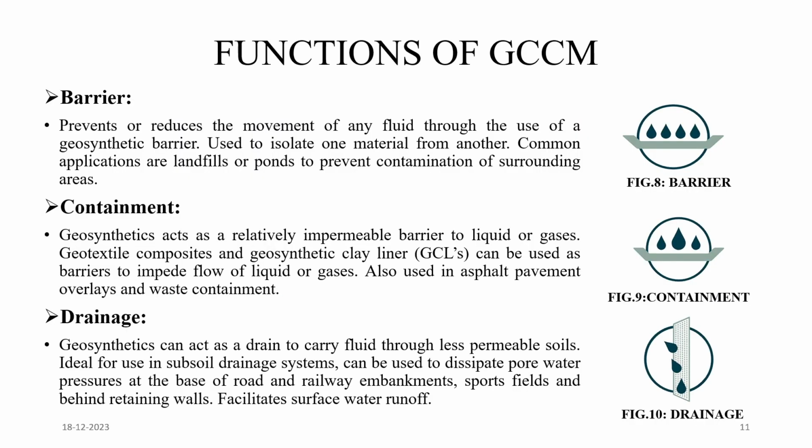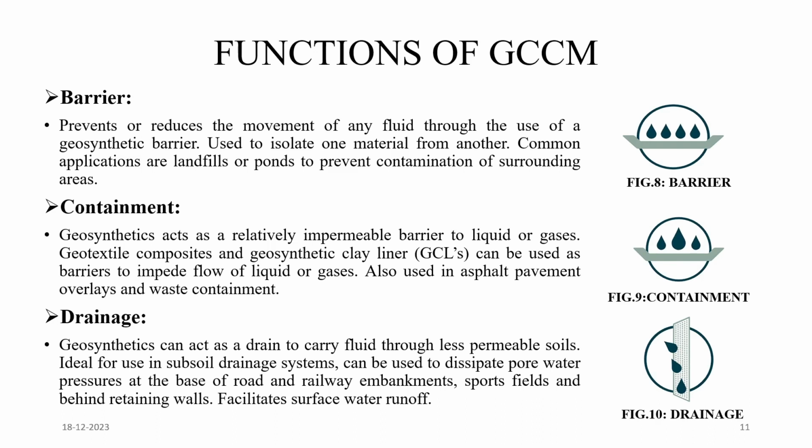Functions of GCCM. The first function of GCCM is barrier. To act as a barrier, it prevents and reduces the movement of any liquid through the use of a geosynthetic barrier used to isolate one material from another. Common applications are landfills or ponds to prevent contamination of the surrounding area.